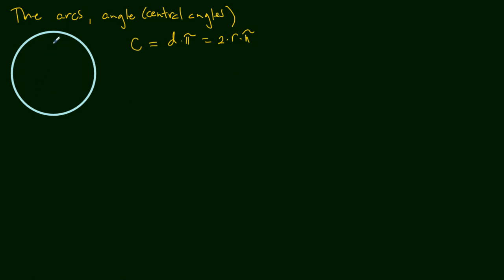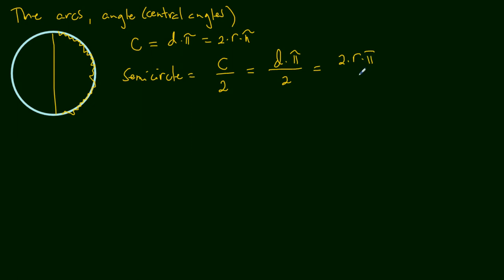But if I'm going to half it, a semicircle, and I will just find this length, the semicircle is equal to the whole circumference divided by 2, or the diameter times pi divided by 2, or 2 times the radius times pi divided by 2. As you can see there, it's only radius times pi.